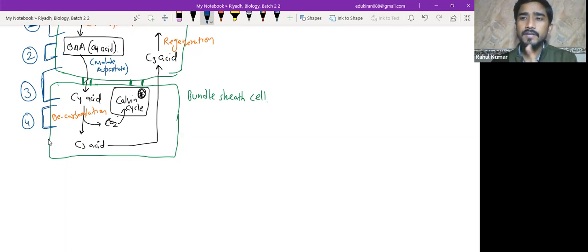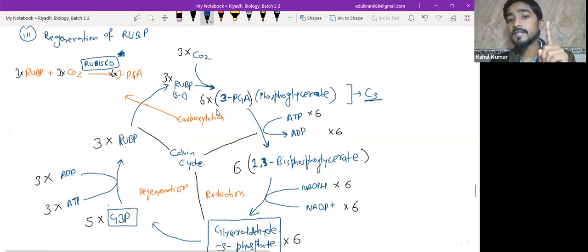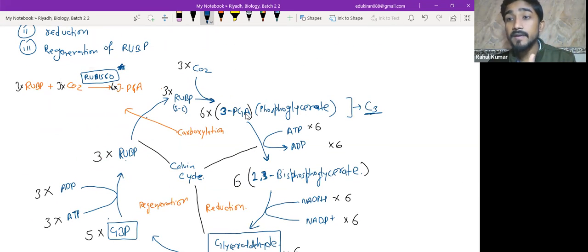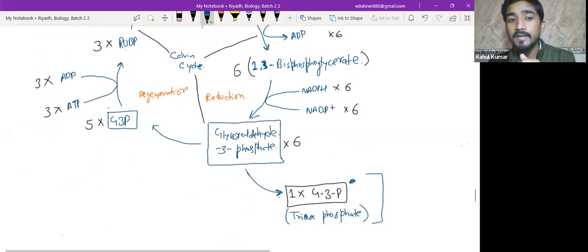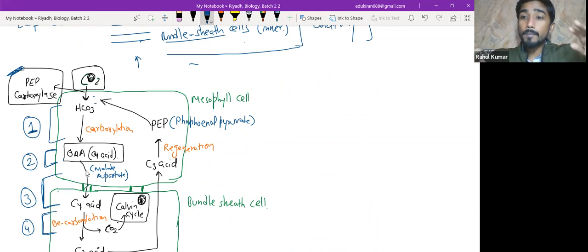In the C3 pathway, there is only one particular C3 acid, which is 3-PGA, which is made. But when we make C4 acids, we have options, malate, aspartate. So we are giving more options from which we can take out CO2.